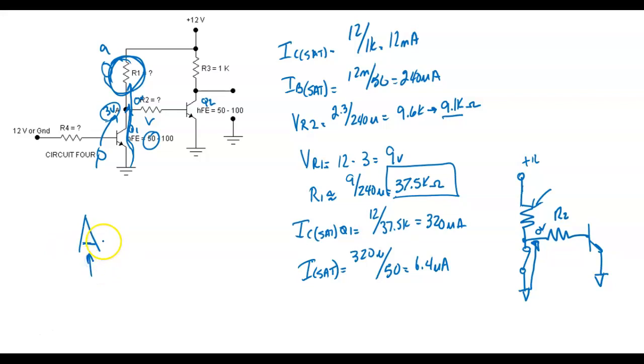So A, we're calculating current gain, so we'd put a little I right there. And what's my output current? 12 milli divided by 6.4 micro. So we got a current gain of, and that has no unit.